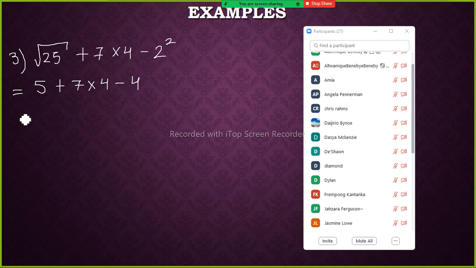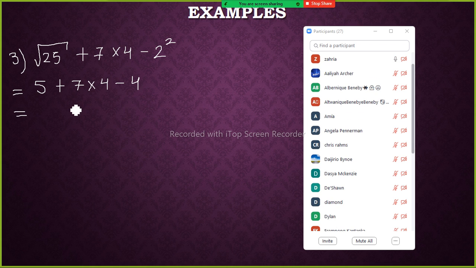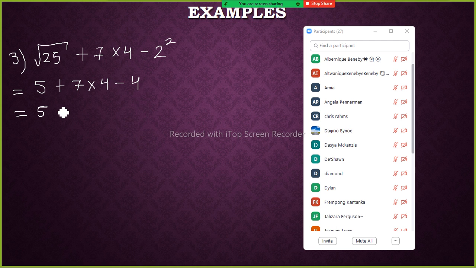Alright, next we have, this is going to be equal to, what do we do? Add, multiply, subtract. Multiply. Very good. So we have 5 plus, what is 7 times 4? 28, very good. Minus 4 is going to be equal to, what do we do? Add or subtract first?